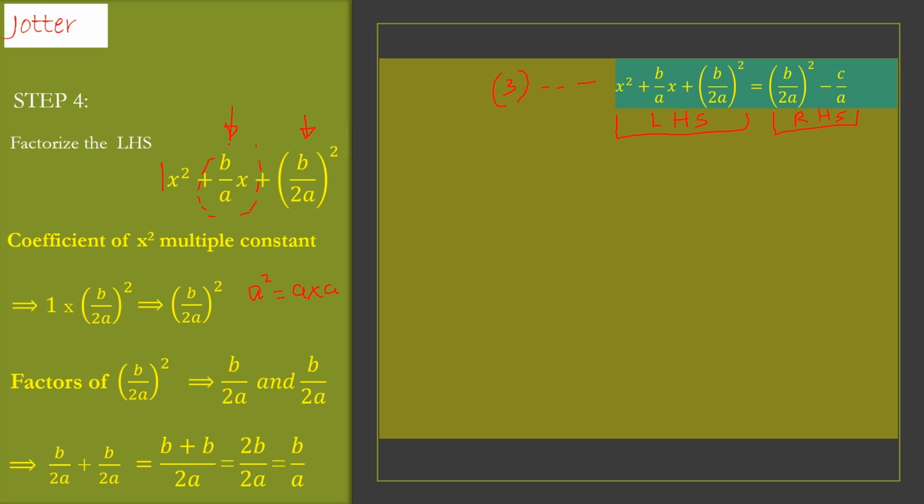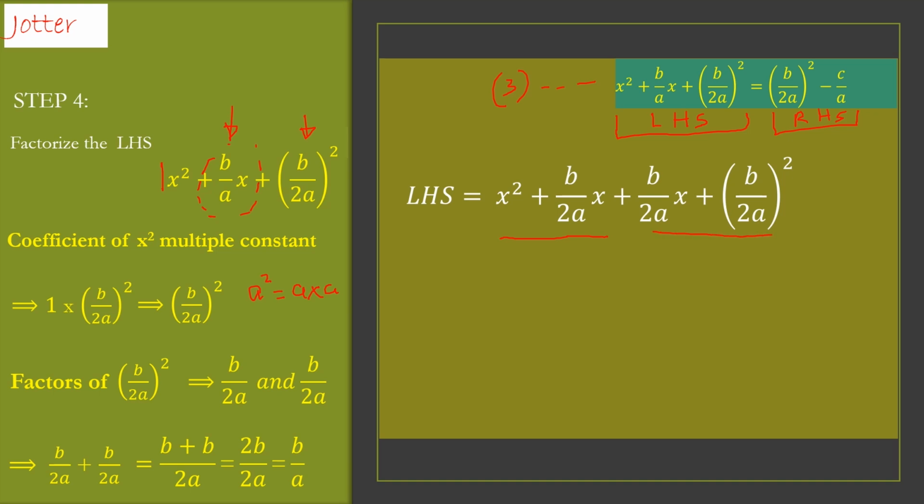So we split it into b over 2a x plus b over 2a x, which will definitely give us b over a x. Then we can combine the first two terms and the last two terms.